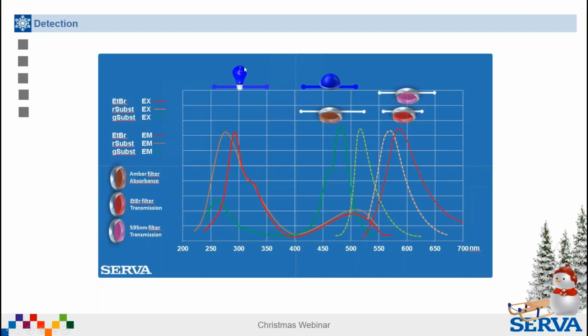So it is still possible to see the green substitute with UV light, but of course 1/8 less than with blue light. So please, if you change from ethidium bromide to any substitute, take out this sheet and check what you need, if you need a UV light or if you need a blue light, and then you will really be happy with your results.